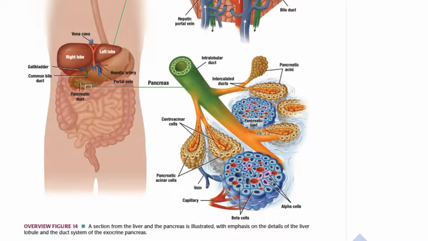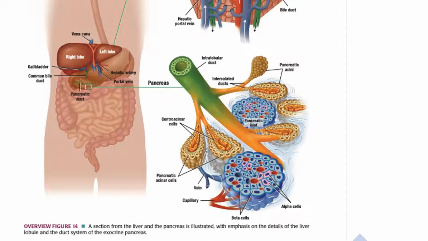The secretion goes to our bloodstream, and this group of cells, which contains blood capillaries near themselves, is endocrine. The other one is called exocrine. The acinus contains a duct, and the duct can send the secretion to our small intestine.